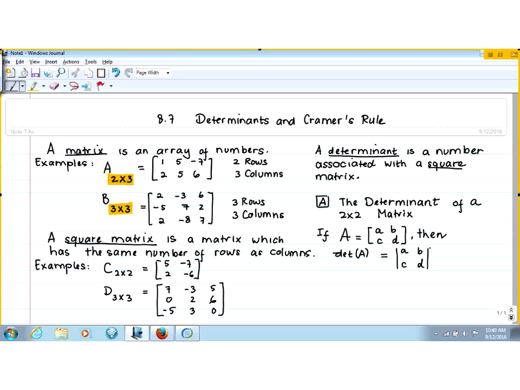Determinants use vertical lines like absolute value. So this is equal to AD minus BC. So determinant of A, the vertical-bar A, B, C, D, is AD minus BC.